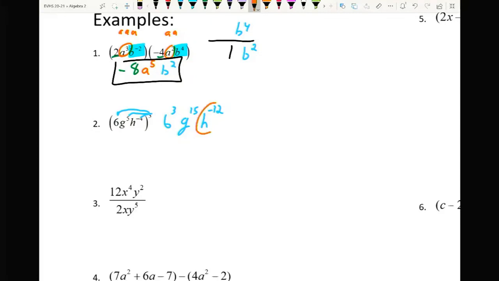But because this is a negative exponent, he's going to go down below the fraction bar that we hadn't written until now, because we don't need to if there's not a denominator. So our actual answer here is going to be, now 6 cubed is 216. Grab your calculator if you don't have that memorized. g to the 15, and then h to the 12.